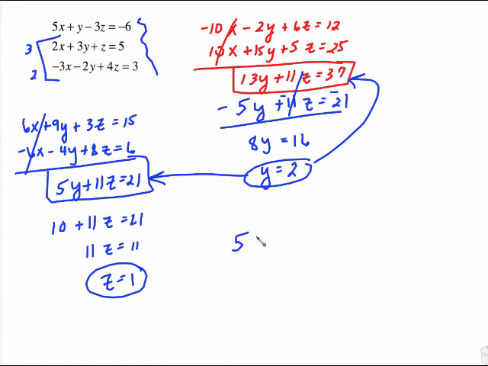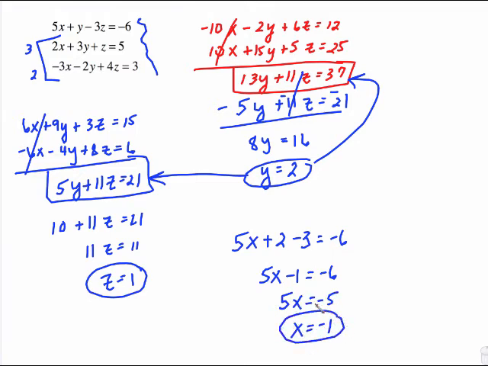I'll just do the first one because it's the first one. 5x plus y, which is 2, minus 3 times 1, which is -3, gives me -6. This gives me 5x minus 1 equals -6. Add 1 to both sides, gives me 5x is -5, so x is -1. So my ordered triple in x, y, z format is -1, comma 2, comma 1.